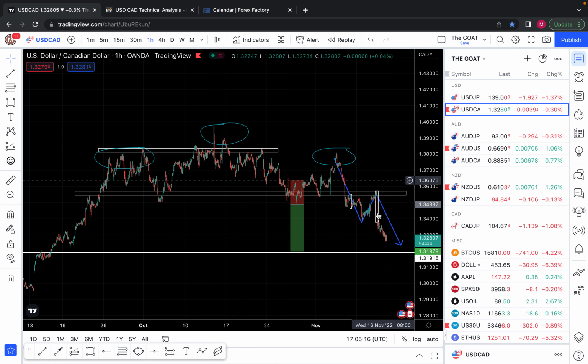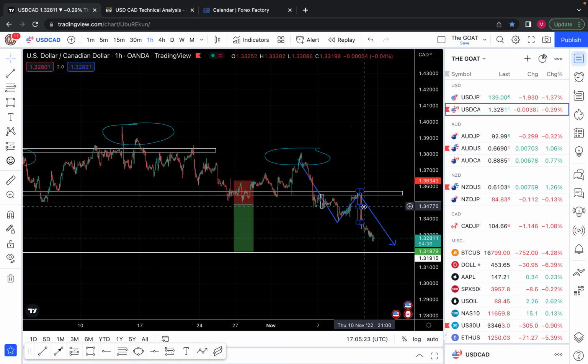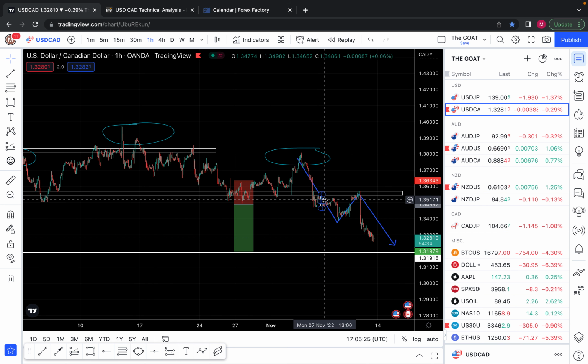So it came through the zone, retested, and then we got in right there.